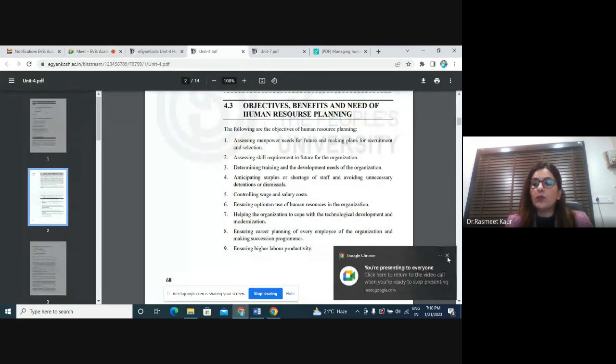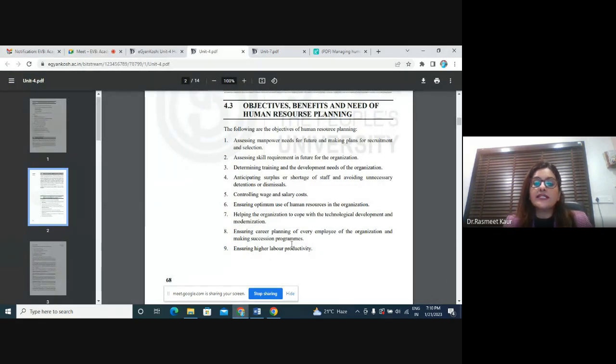So with all these objectives which are listed, as you can see on the PDF which is shared with you, it helps you to ensure higher labor productivity. It helps you to do proper career planning for every employee of the organization, to plan different succession programs. We have already discussed yesterday that there is a difference between training and development. I said that employees are trained in the organization, and the upcoming managers, we develop them.